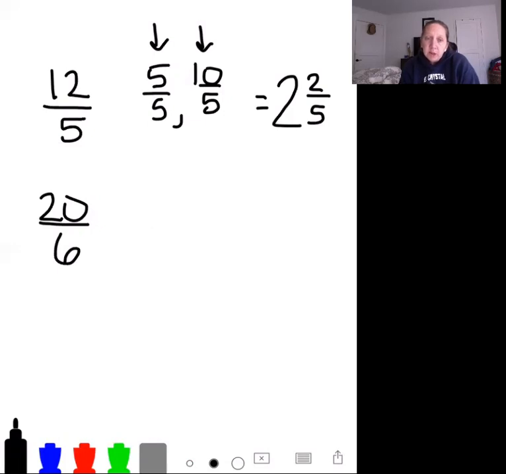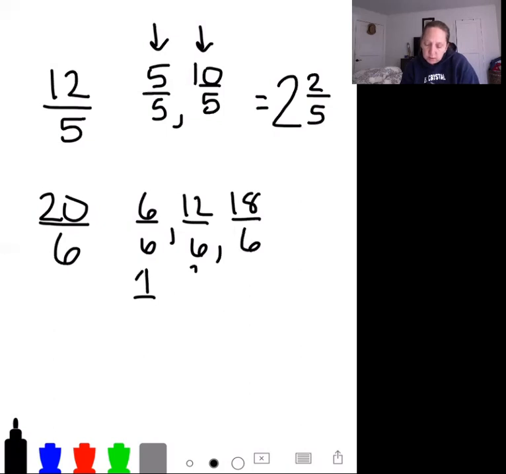Now, if I'm looking at 20/6, again, 6/6 is equal to a whole. So I can count by 6. 6/6. 6 plus 6 is 12. 12/6. 12 plus 6 is 18. 18/6. So I know that this is 1 whole, 2 wholes, 3 wholes.